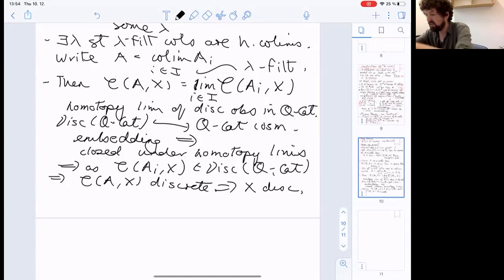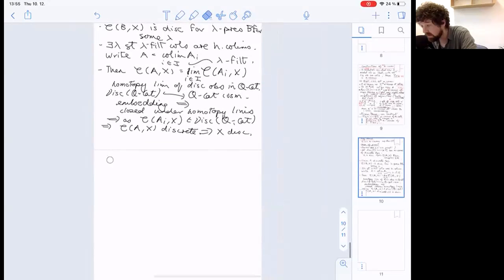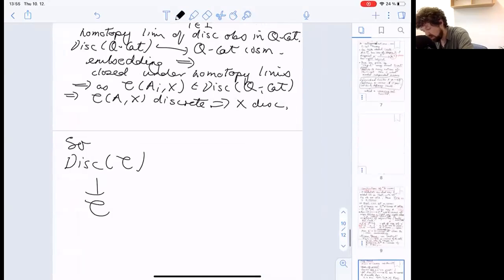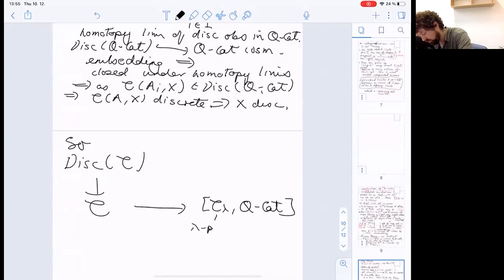So the point, to summarize that, is that what that enables us to do now is to reduce from a large class of representing objects to obtain Disc C as a pullback over the lambda presentable objects.